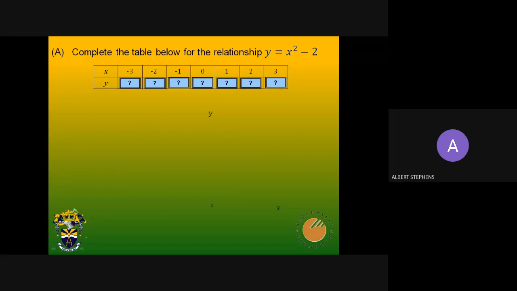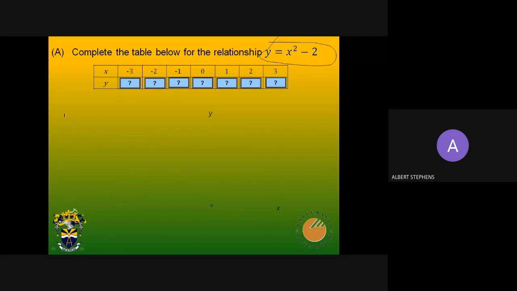The question says complete the table below for the relationship y equals x squared subtract 2. As you can see, yet again, the x values are given to you, and we're supposed to use this equation to find the corresponding y values.